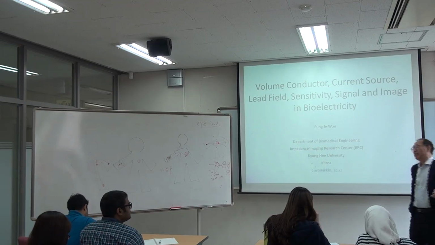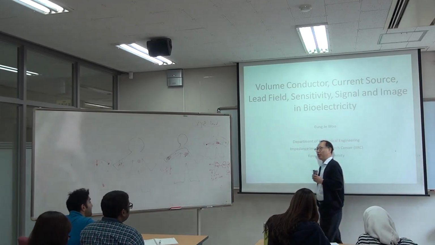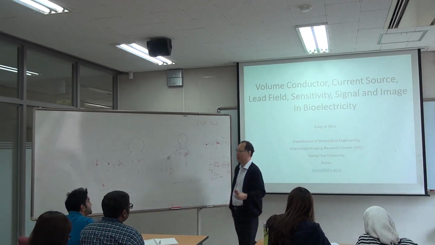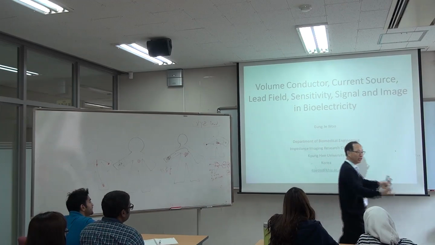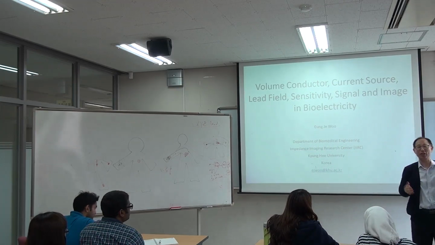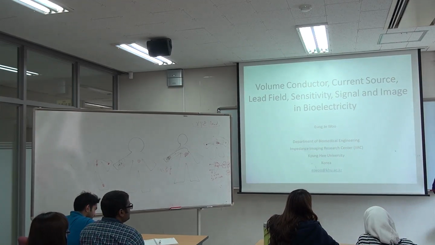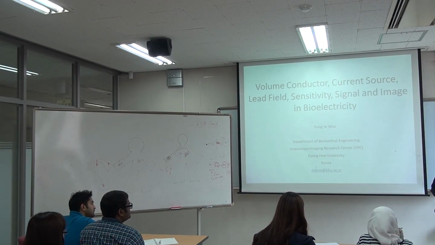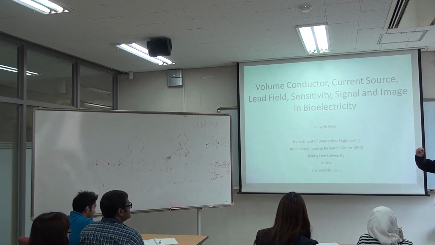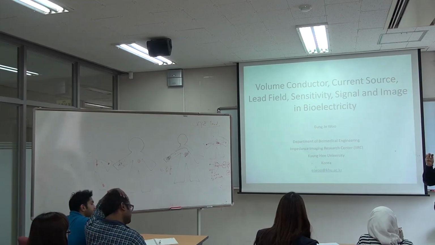Wherever you have neurons which produce action potentials to contract muscle, or to do some thinking, or to sense something or hear something, those neurons are going to produce current. And that current is expressed as an equivalent dipole moment. That's the signal source.